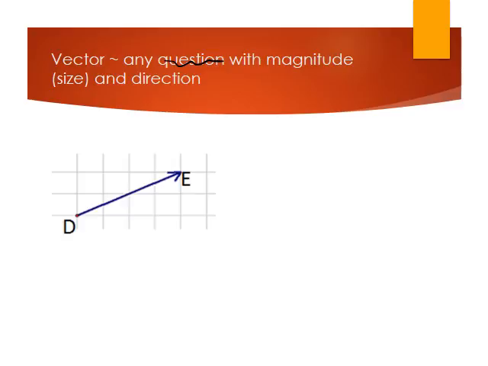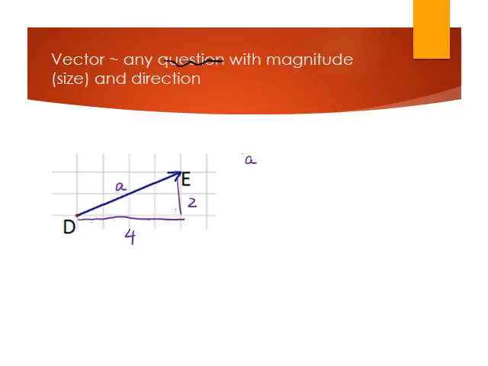Magnitude being the size and direction being direction. So if I wanted to name this, I could give it A maybe, and I could say that vector A, okay, and I always do my x component first, so side to side and then up and down, 1, 2, 3, 4, 1, 2.